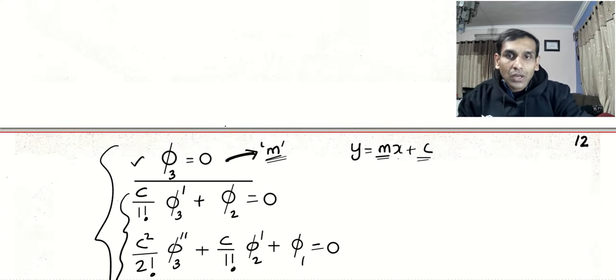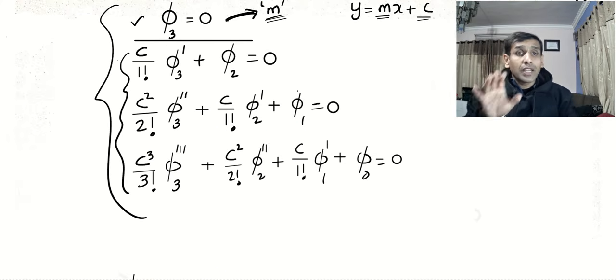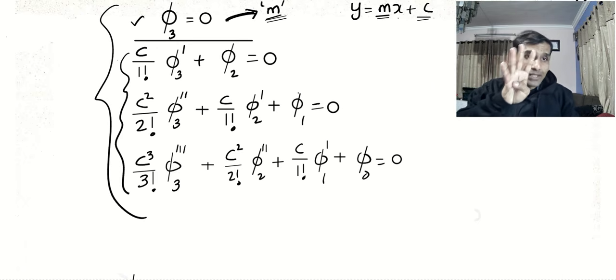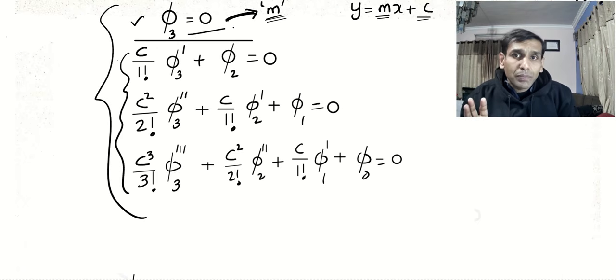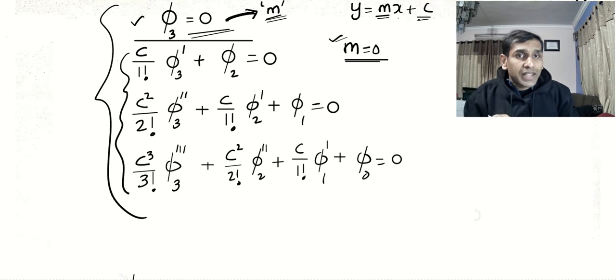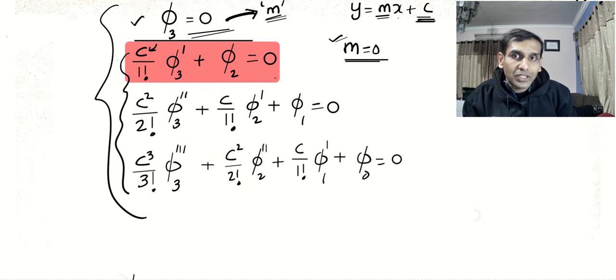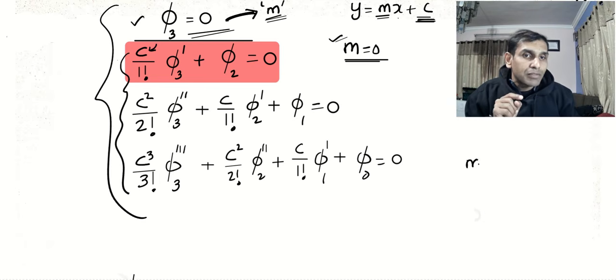Now, once more, let's go for this equation. I told you there are 4 equations. And the first one will be used to find the values of m. And I got m equal to 0, a distinct root. So if I want to find the c value, I'll be using this equation. I'll color it. But if the roots are repeating, for example, if I get m equal to 7, 7, it is a repeated root.